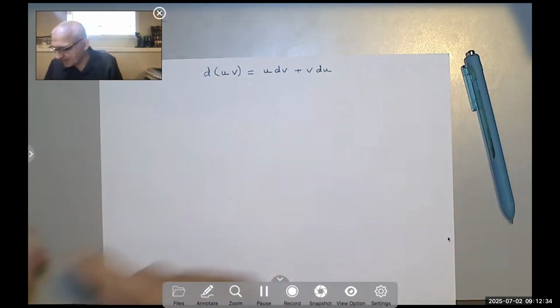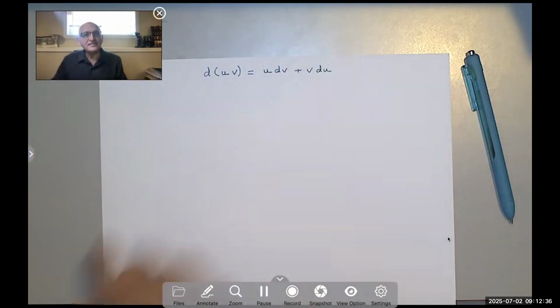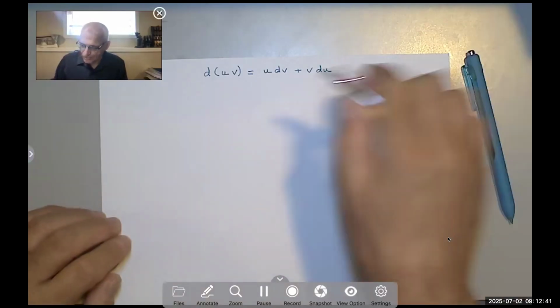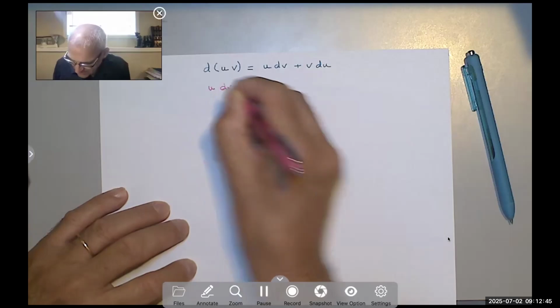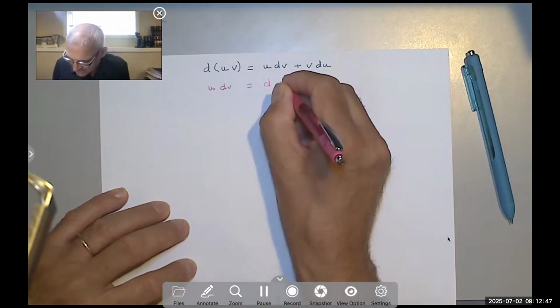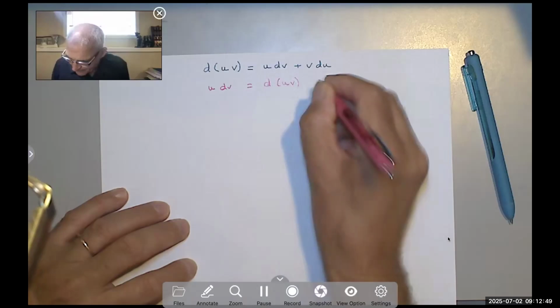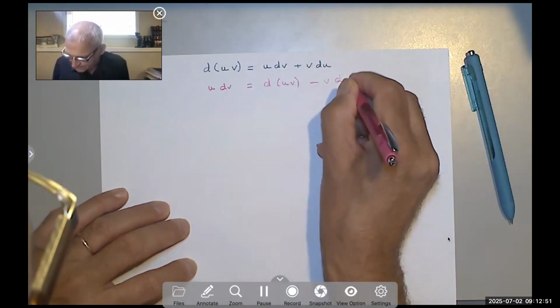Now, if I integrate that equation, moving things around. So first of all, for example, I can say u dv, just simple algebra, equals d(uv) minus v du.